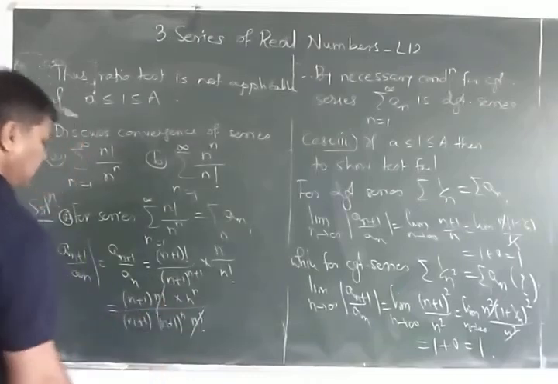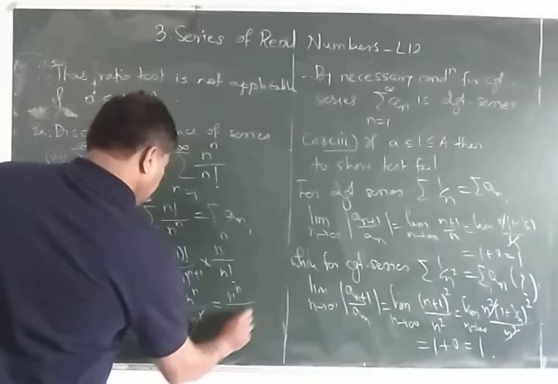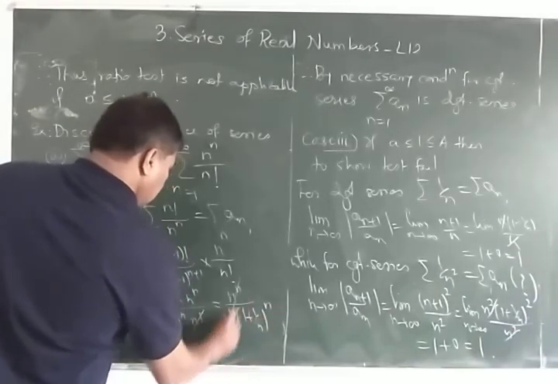The n factorial gets cancelled, n plus 1 gets cancelled, and by taking n raised to n outside, we get 1 plus 1 upon n raised to n.